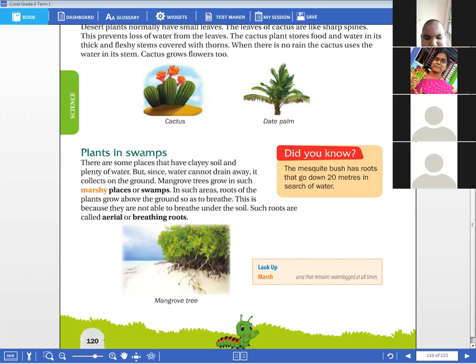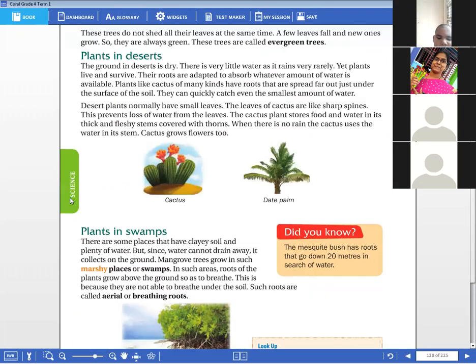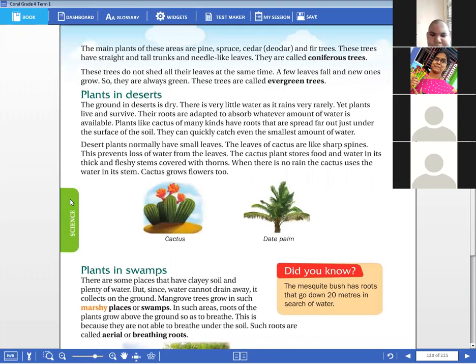Okay. Let's have a quick recap of yesterday's class, children. We taught yesterday about plants in deserts. For example, cactus and date palms are plants that grow in desert areas, and we told that they protect themselves by having thorns on them. Those thorns are called spines, S-P-I-N-E-S.